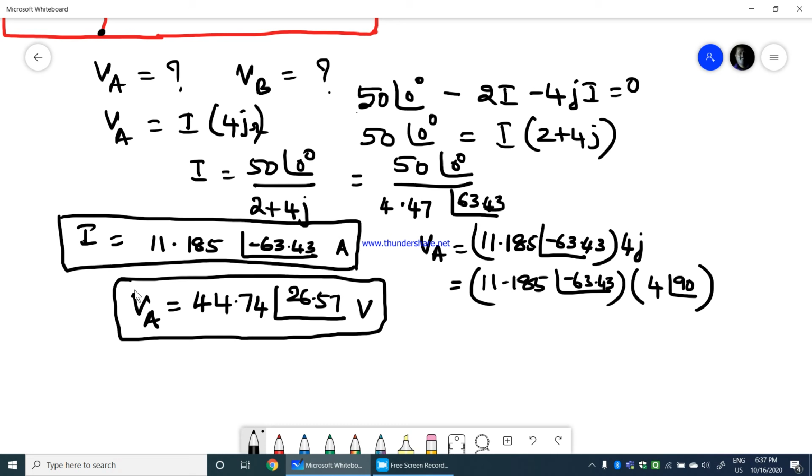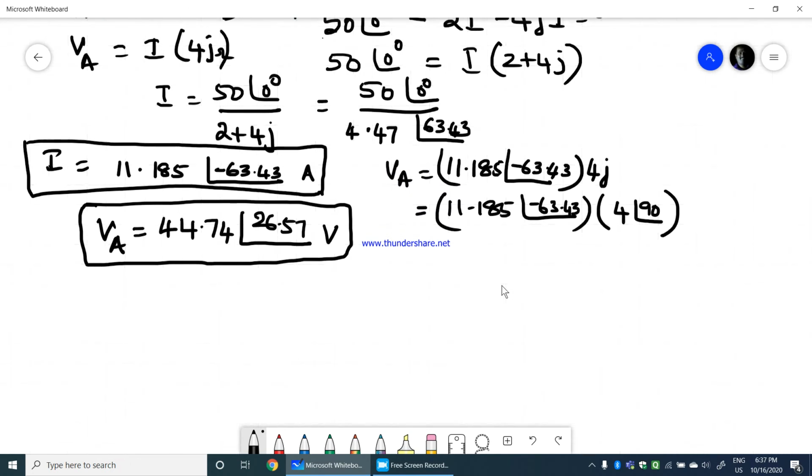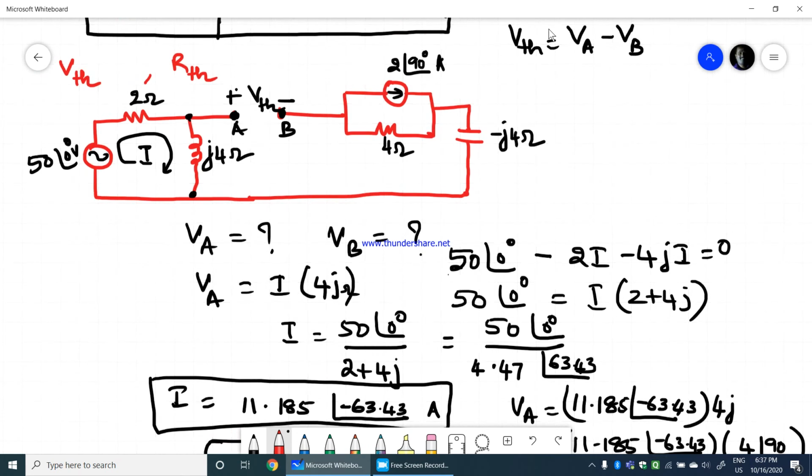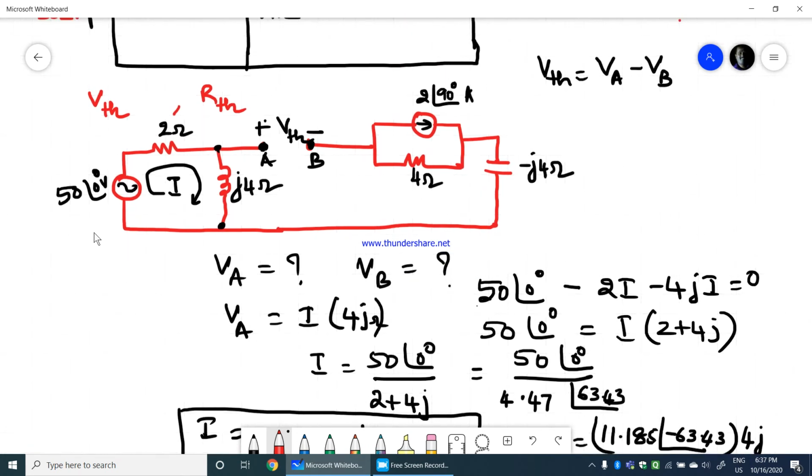Now coming to VB. So what is VB? Here I need to calculate VB. Go back to the circuit and see. VB would be the total voltage across this and the ground.